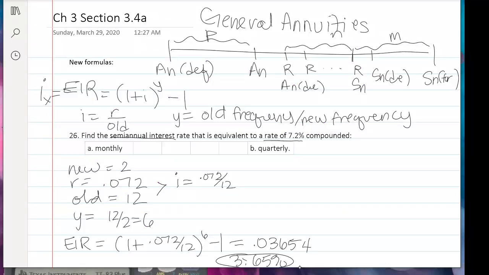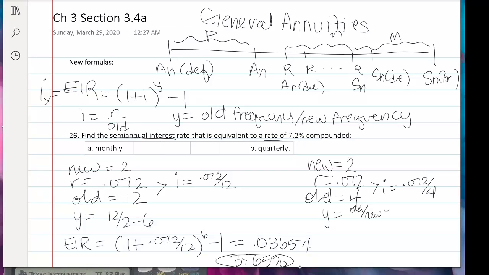So now you've had a chance to practice. We're going to do the quarterly part. Same process. Our new here is still going to be 2 because we're still trying to find the effective semi-annual interest rate. Our r is still 0.072. This time i is going to be 0.072 over 4, and our y, the exponent, is again old over new.